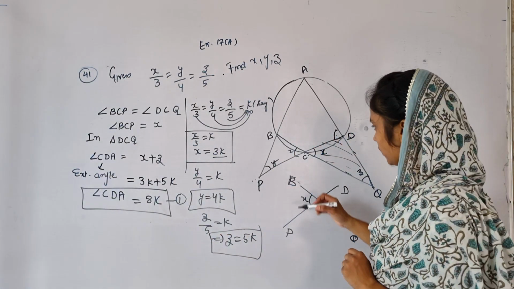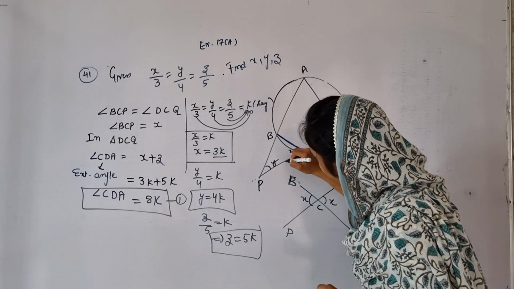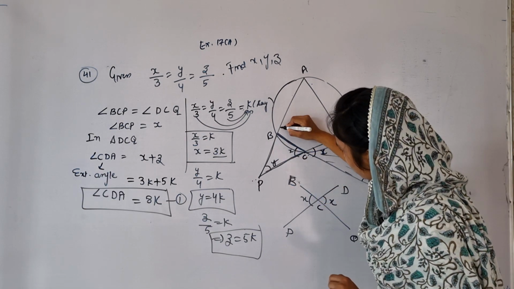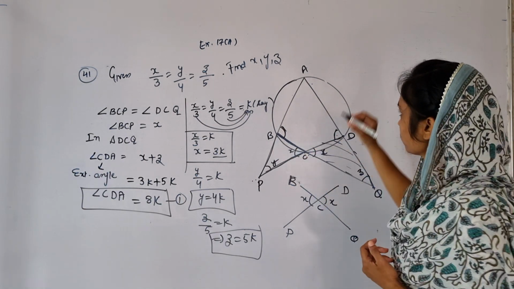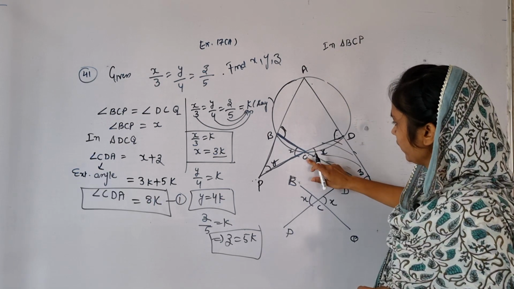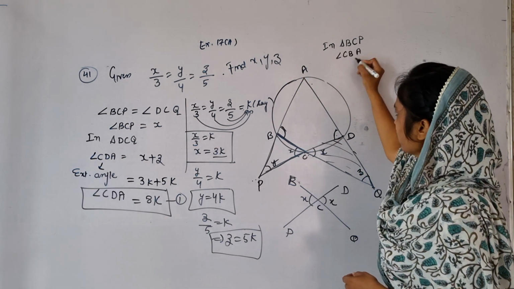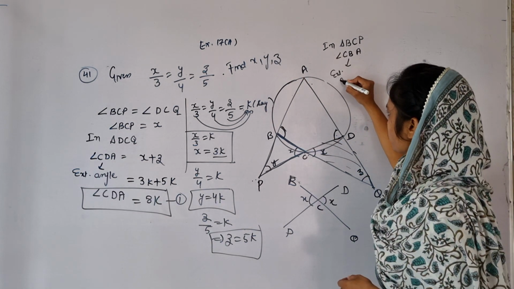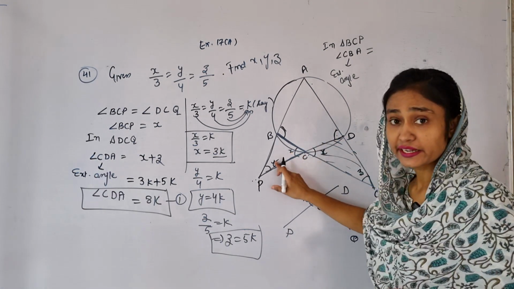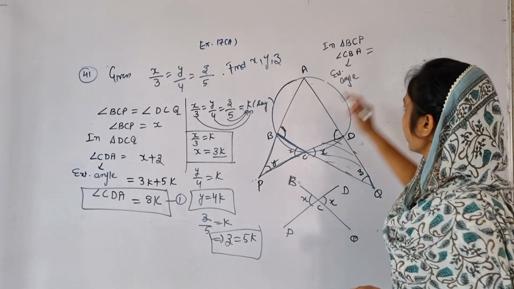Okay, now see, this is the second triangle. Okay, BCP, focus on BCP. So for this triangle, this is an exterior angle. Okay, in triangle BCP, angle CBA, ये क्या है? Exterior angle of this triangle. It will be equal to sum of opposite interior angle. What angles are opposite to this? X and y.